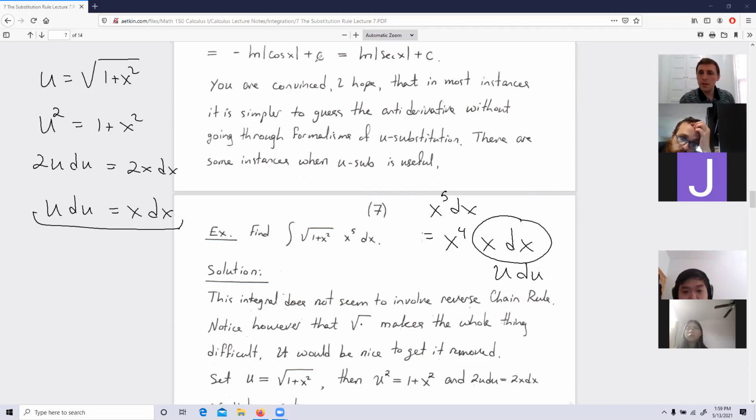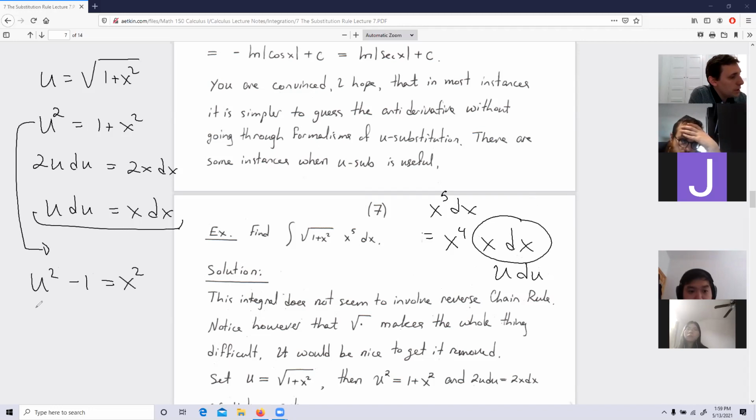You follow? So I know this is u du, and then what is x to the power of 4? Well, I can look into this equation. I see u squared minus 1 is x squared. So u squared minus 1 squared will be x to the power of 4.